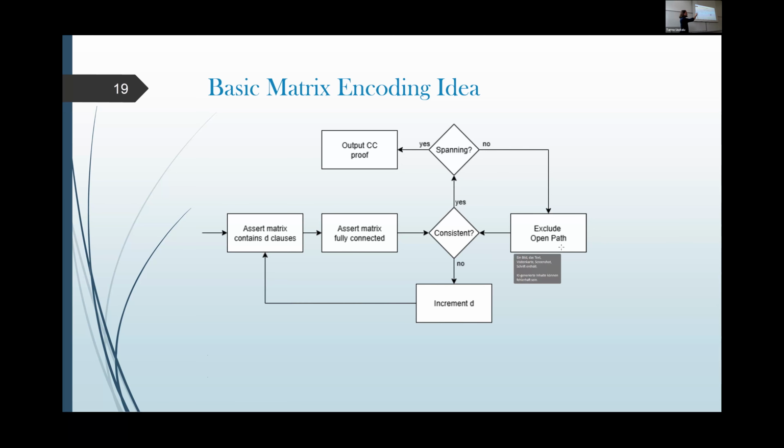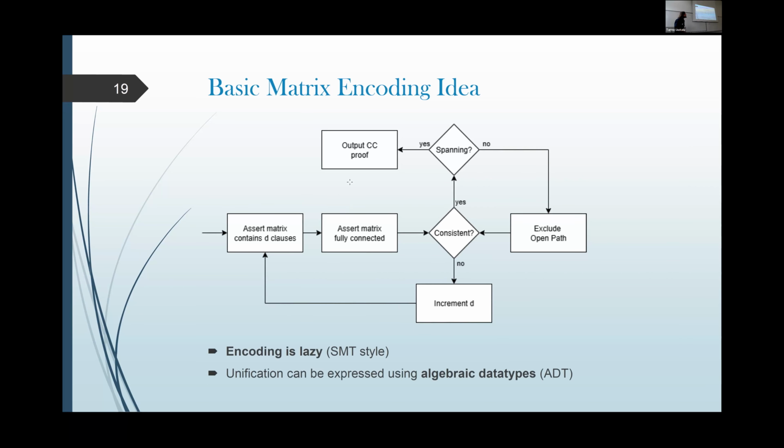We rule it out and say, well, not this open path, add that, and then ask again for consistency. In case it's not consistent, we increment our proof size, or in case it is spanning, we just output the proof because it's a spanning proof, so why not?